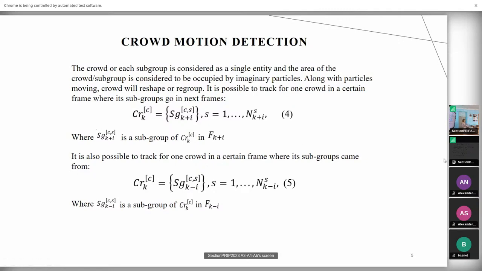The crowd or subgroup is considered to be a single entity, and the area under this crowd or subgroup is considered to be occupied by individual particles. While particles are moving, the crowd can reshape or move.